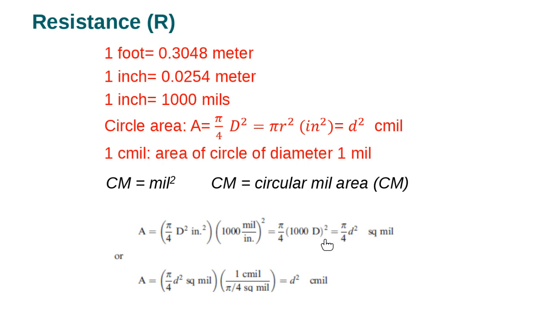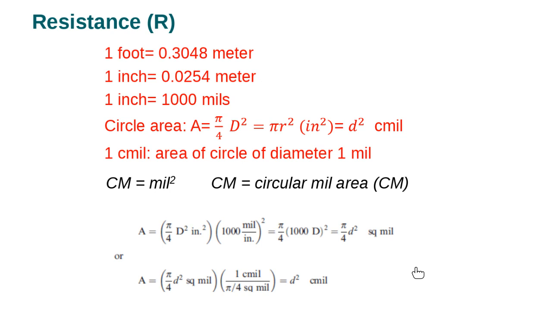So you multiply by 1,000 d squared, 1,000 d times 1,000 d, therefore you will see the square in here, and it will give you small d squared. So this D is in inches, and this small d is in mils.